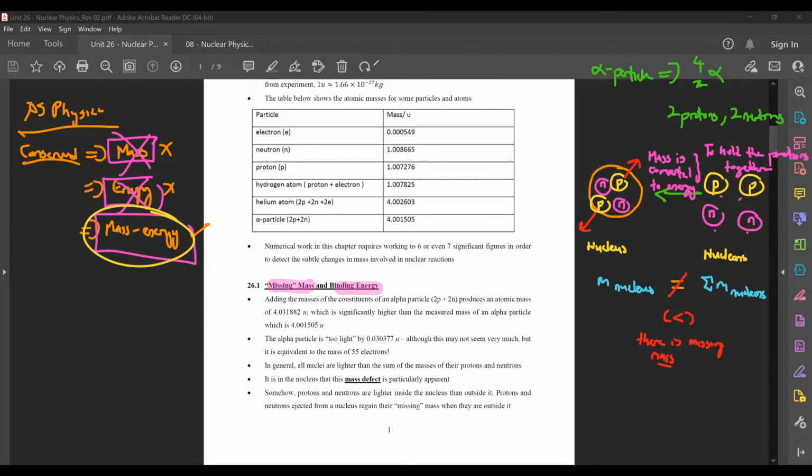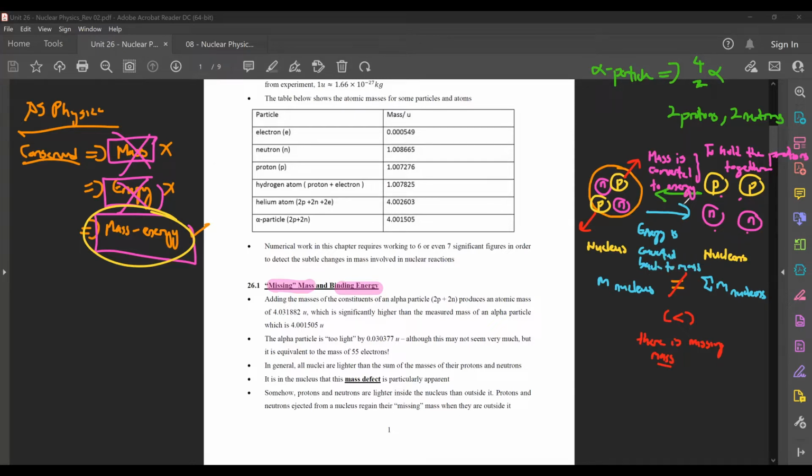All right. So you see, let's just say, for example, I want to break the nucleus into the individual nucleons. What would happen then is that energy is converted back to mass, no? All right.